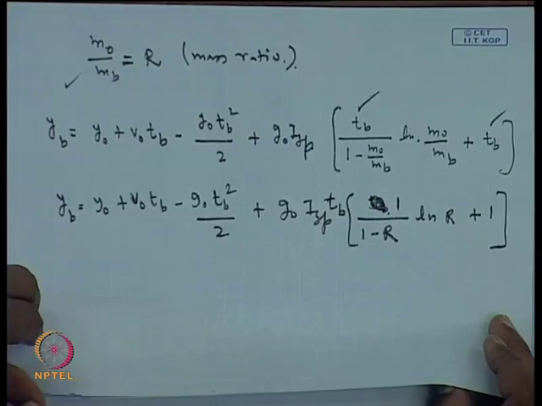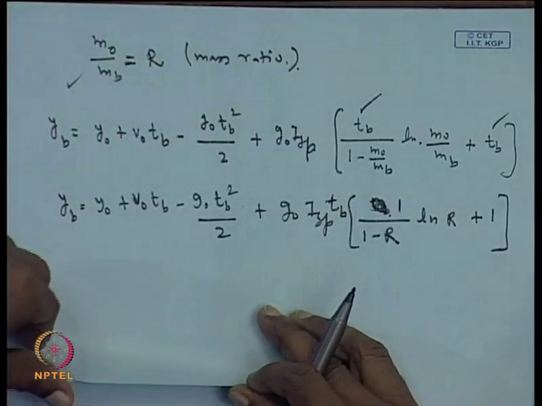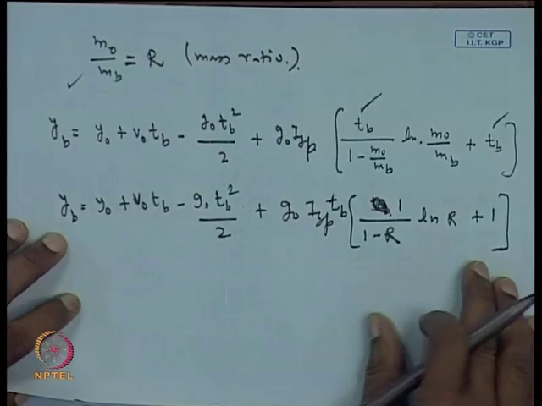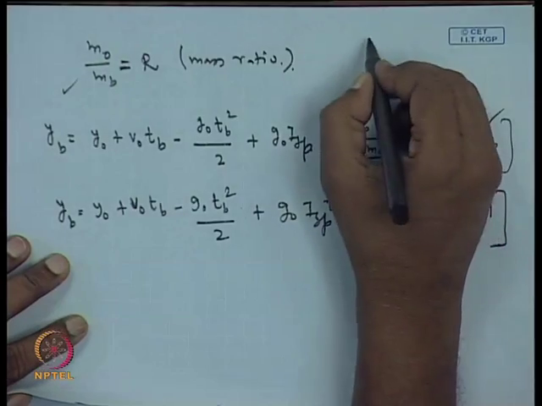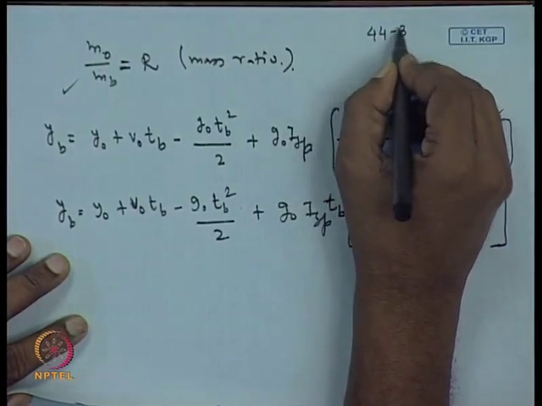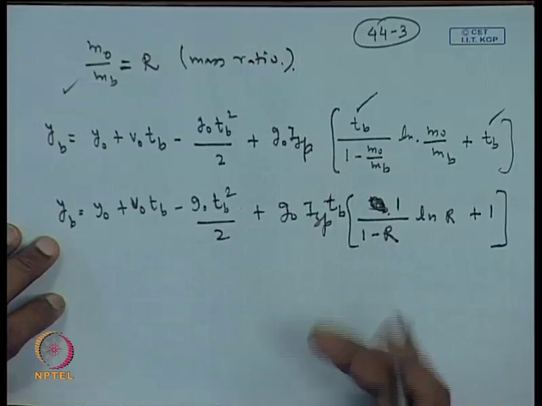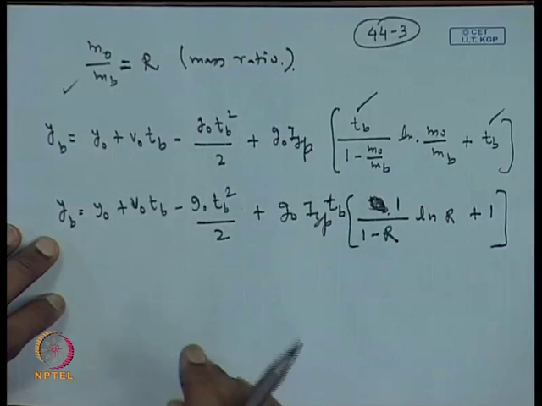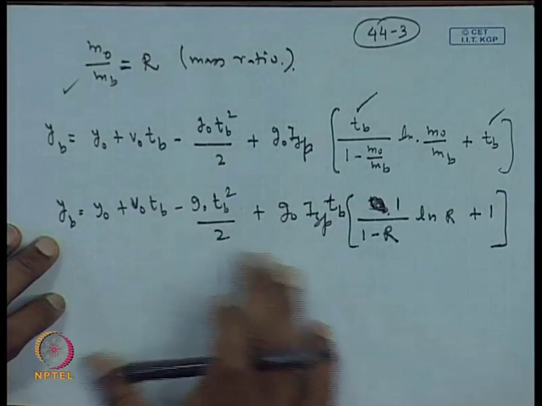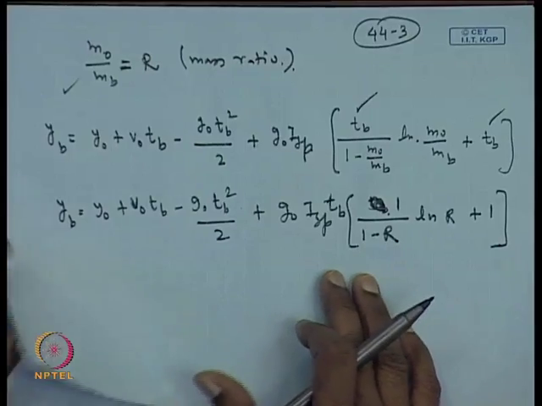Now, a little bit more parametric representation of this equation is possible, and by the parametric representation we will be able to draw some graphs and have a little more deeper look into the nature of these equations.